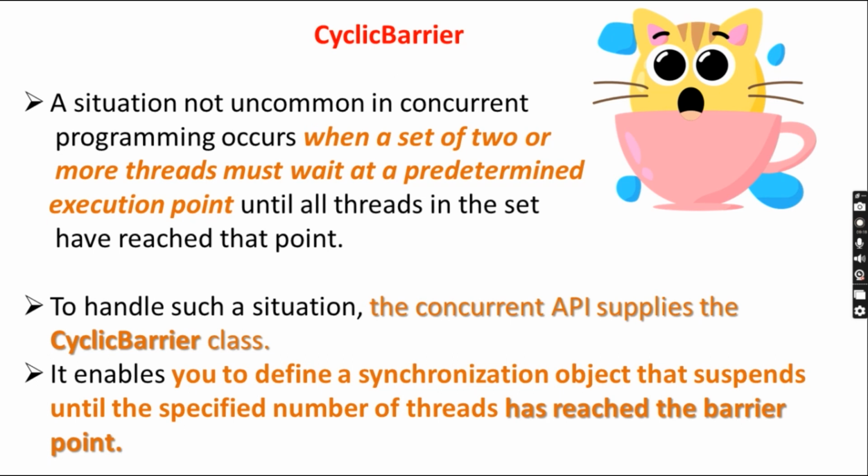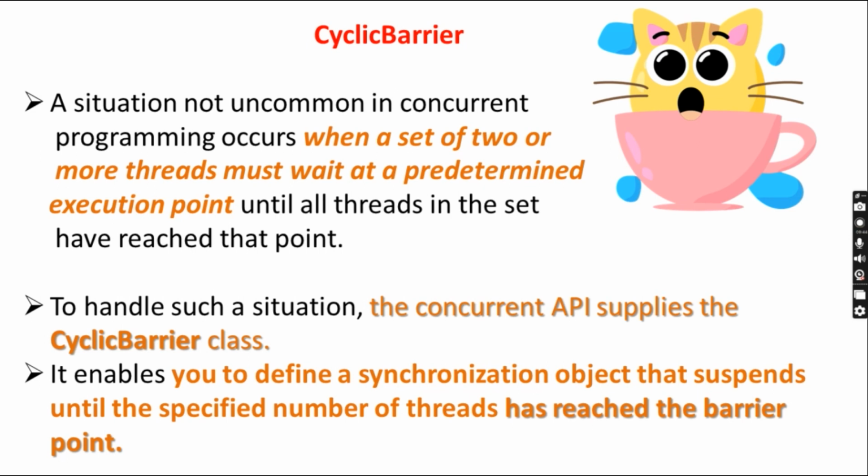In the previous one, CountDownLatch, what we have seen is that some event must occur before the lock or latch is open. Here, in the programming situation, some execution point must occur, and unless and until that execution point has occurred, 2 or more threads have to wait.